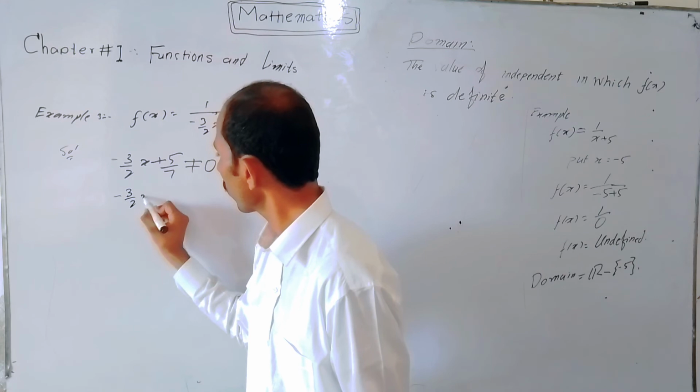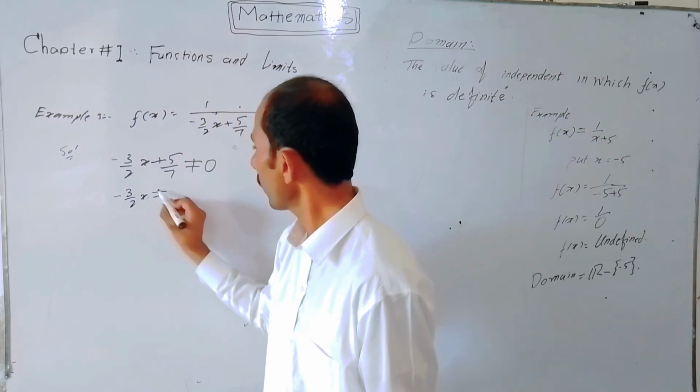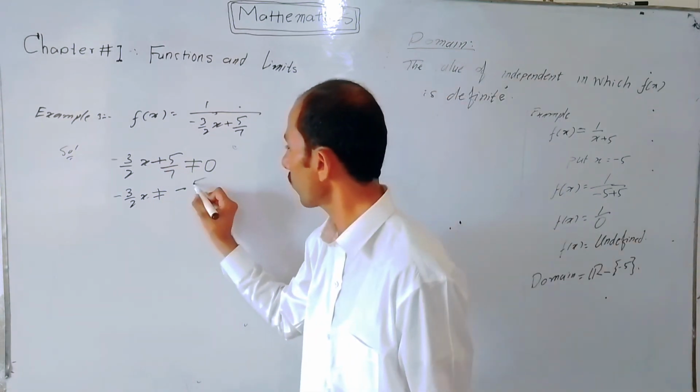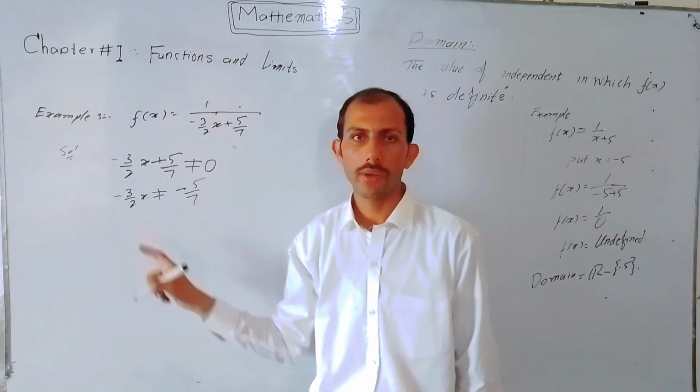Minus 3 over 2 x not equal to minus, so on the other side the sign is negative, minus 5 over 7, dividing by minus 3 over 2 on both sides.